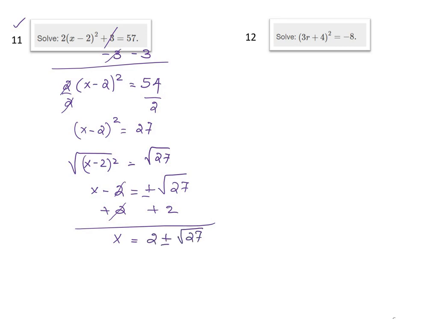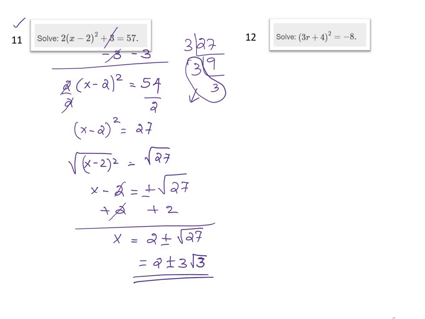And 27, we can factorize that. 27 divided by 3 is 9, 3 times 3, make a group of 2, that is 3. So it is 2 plus or minus 3, because 1 from this group comes out, so 3, and the remaining thing will be inside. So that's it. x is equal to 2 plus or minus 3 root 3.